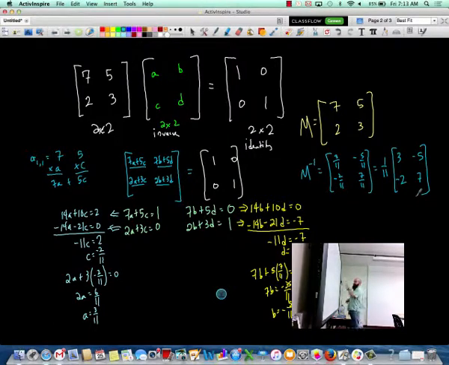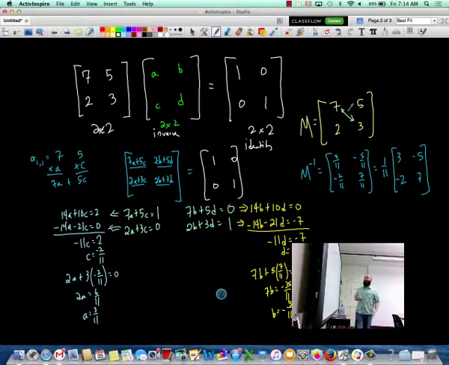Now, look at this. We've got this original matrix that was 7, 5, 2, 3, and this inverse matrix that has sort of the same numbers, but some things have gone on. First of all, I want you to notice that the top left and the bottom right, the 7 and the 3, switched places. The 3 went to the top left, and the 7 went to the bottom right.